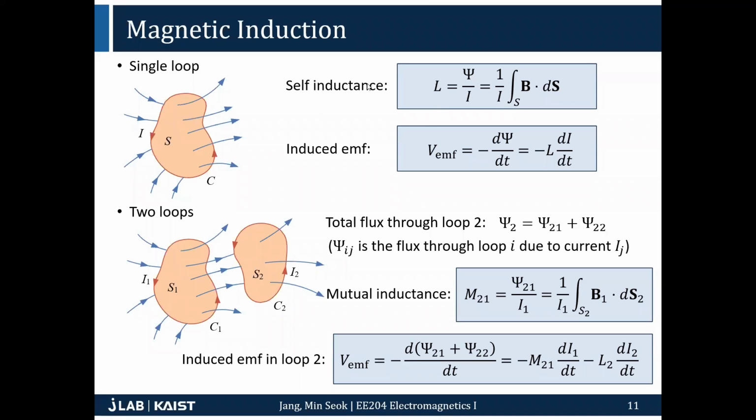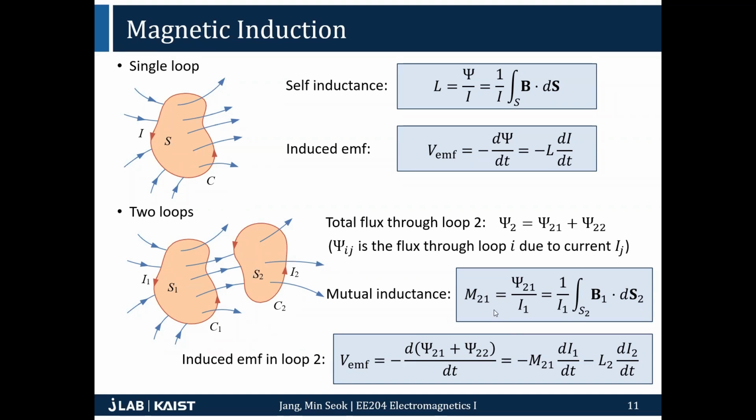Self-inductance is about the magnetic flux due to the current of the same circuit. And mutual inductance is when the current of one circuit creates a magnetic field, and that magnetic field changes the magnetic flux through the other circuit. In this case, you take into account the mutual inductance.